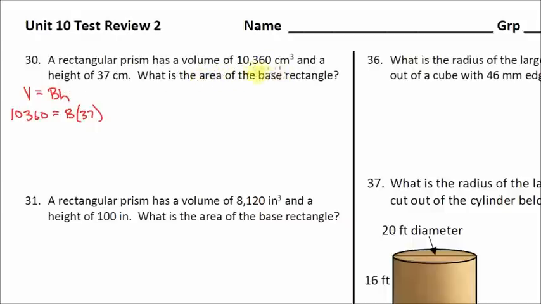That's what they're asking us for, the area of the base. We can get rid of the 37 by dividing both sides by 37. And you're going to end up with capital B by itself on this side, and 10,360 divided by 37 works out to be 280. So this worked out pretty clean.